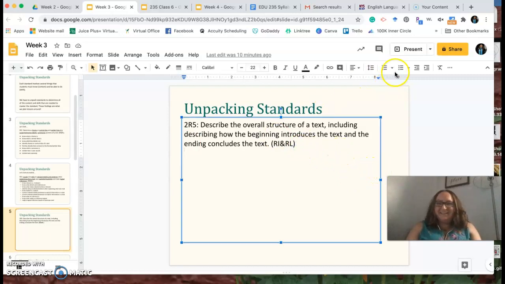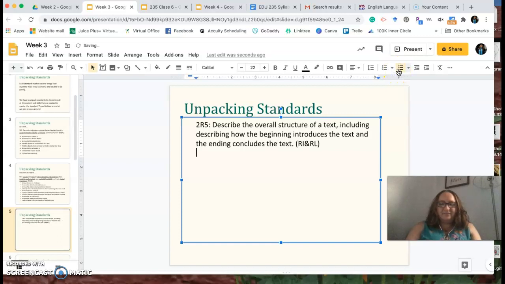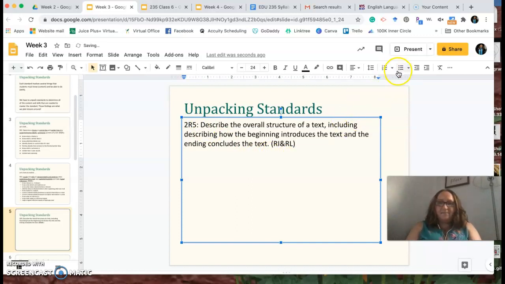So, let me put some bullets in here. So, the standard is 2nd grade reading standard 5. Describe the overall structure of a text, including describing how the beginning introduces the text and the ending concludes the text. So think about that for a minute.